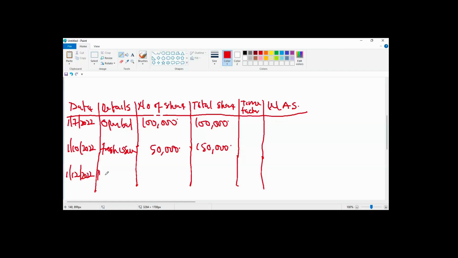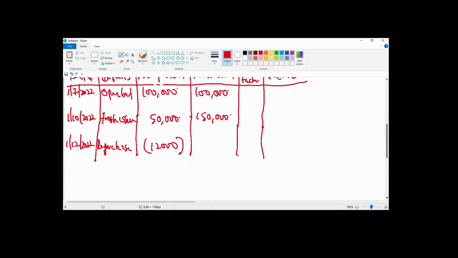How many does he repurchase? 12,000. 150 minus 12,000. What does it give us? 138. That's 138.